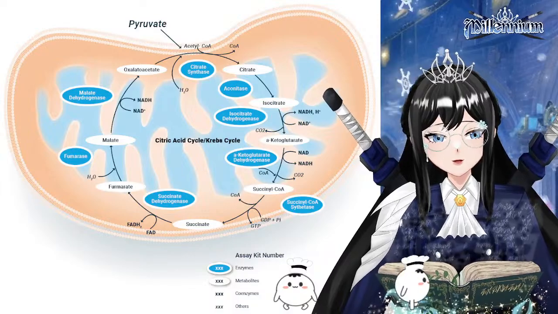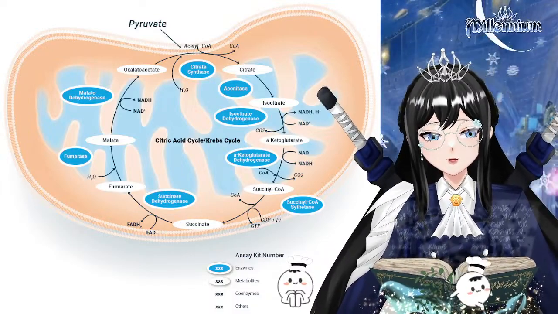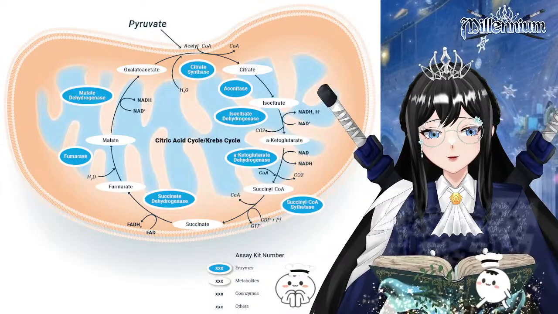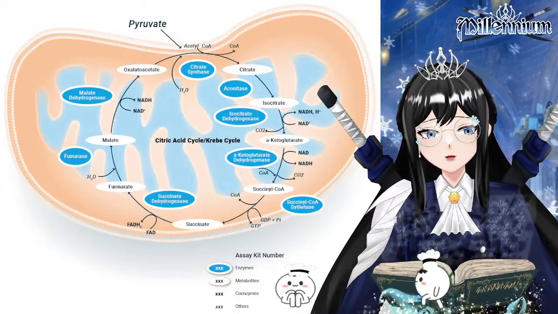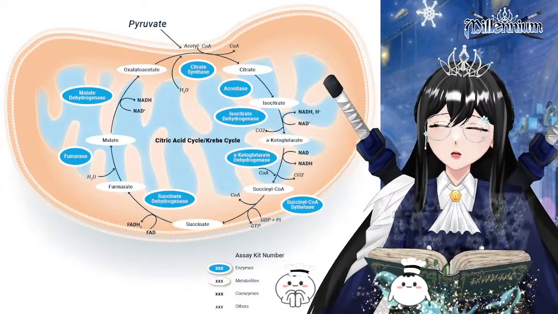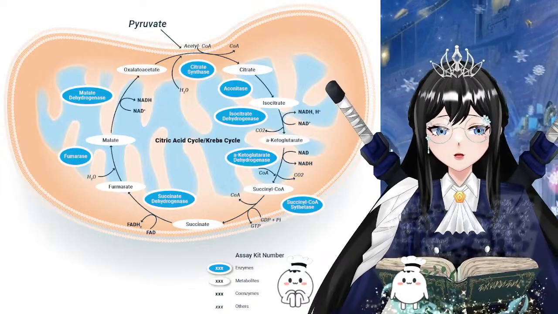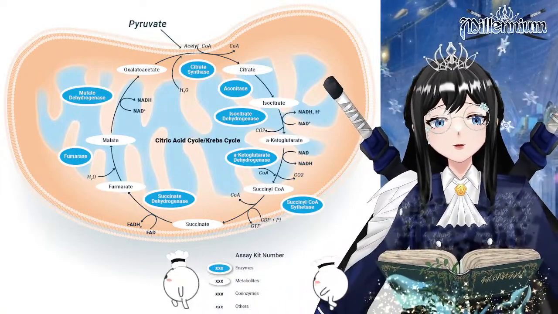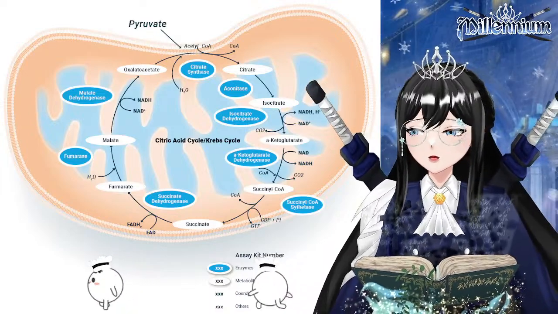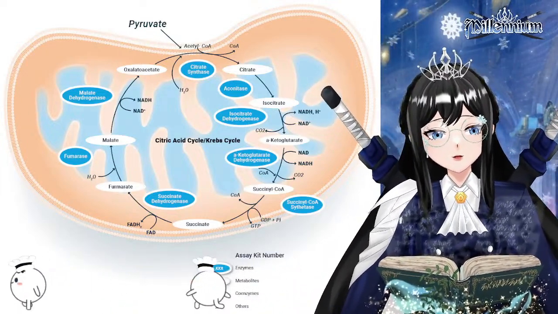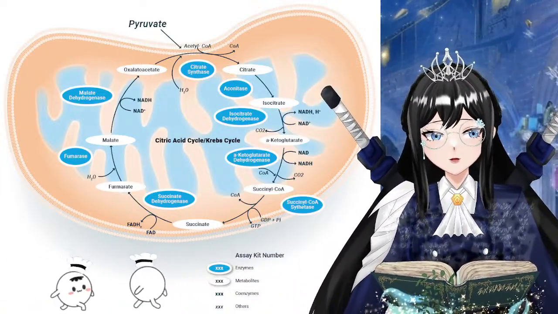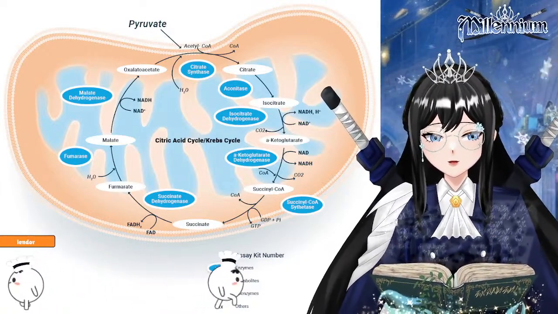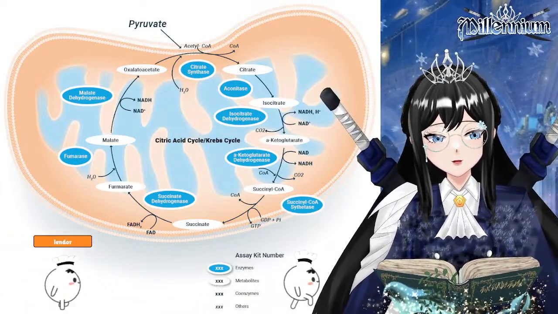So we mentioned before that the Krebs cycle generates NADH and FADH2 by oxidizing acetyl-CoA, which is derived from pyruvate. And these reduced electron carriers would then donate electrons to the electron transport chain, the ETC, and that's what it uses to pass stuff on.